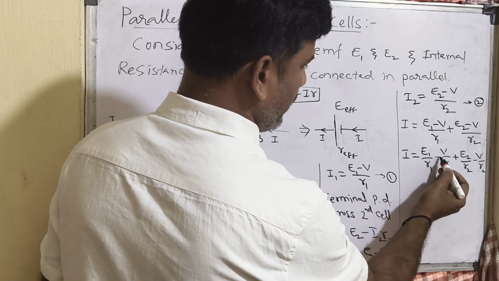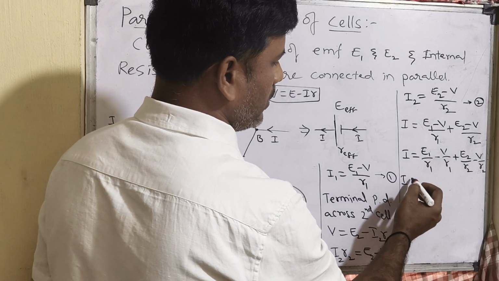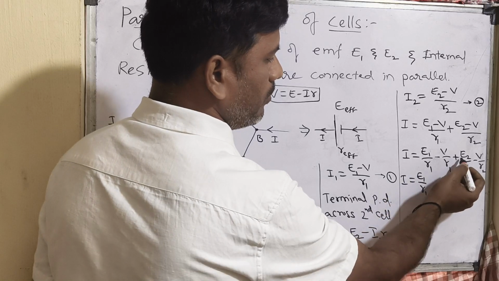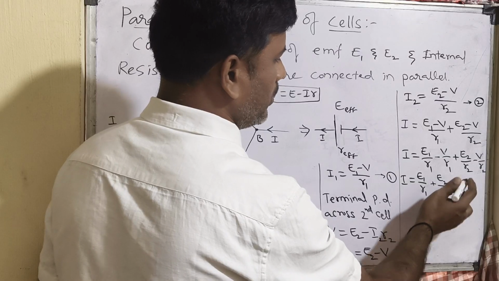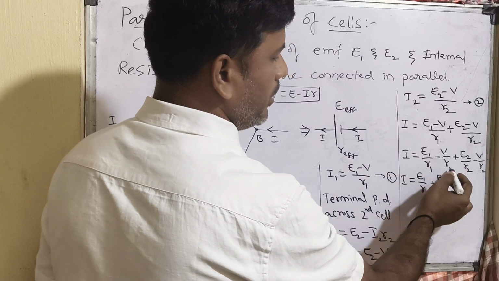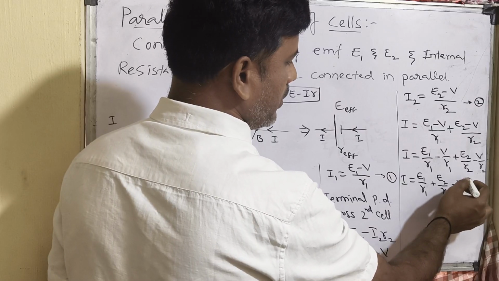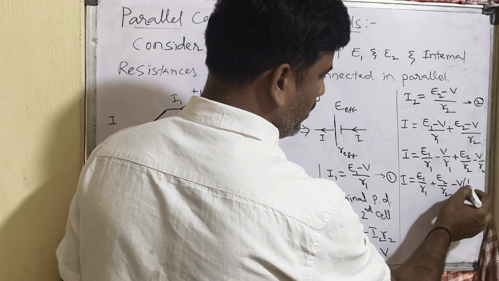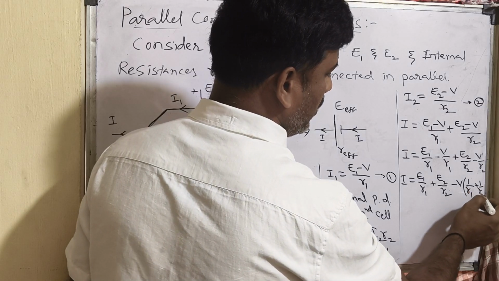Now E1 terms on one side, remaining terms on the other side. I is equal to E1 by R1 plus E2 by R2 minus V by R1 minus V by R2. But V is common, you should take it common, and the minus also. Remaining is 1 by R1 plus 1 by R2.